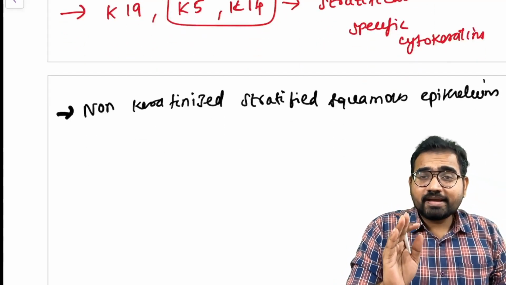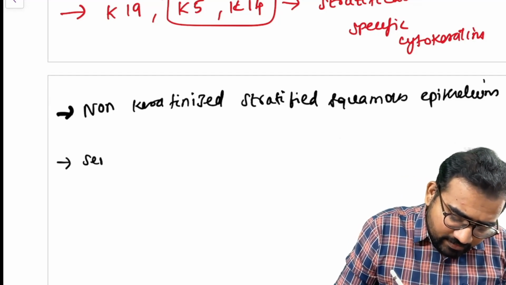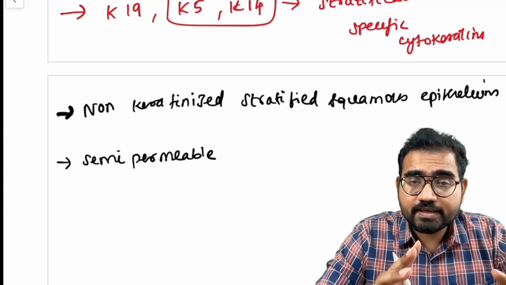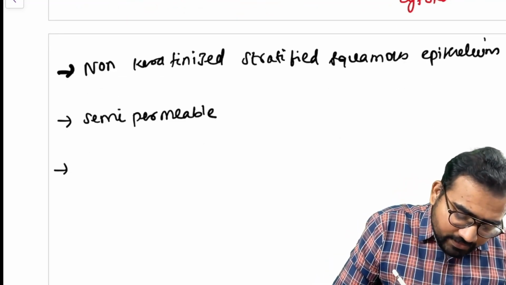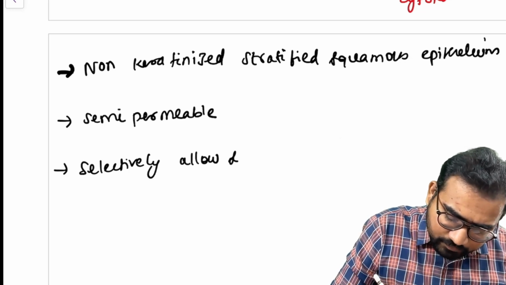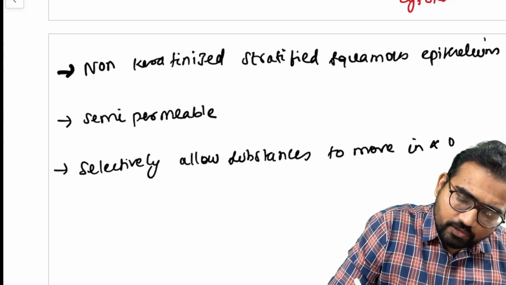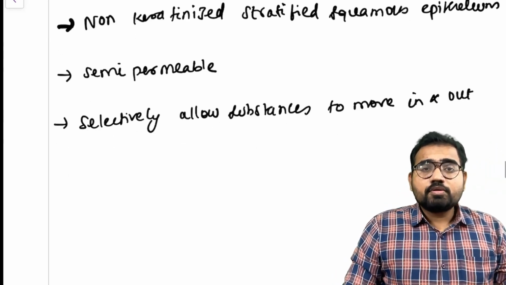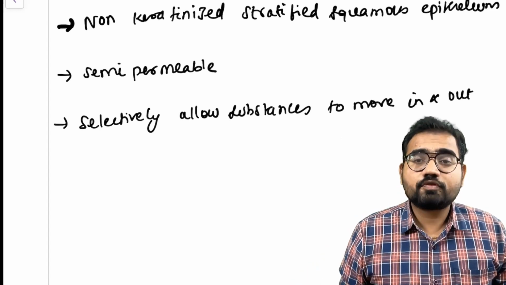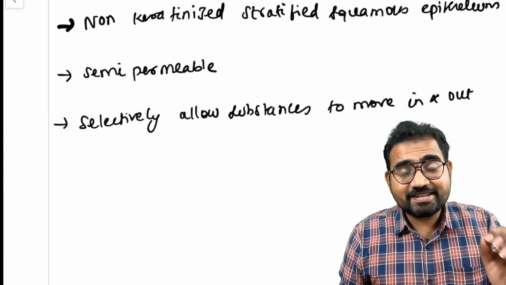Any cell which is non-keratinized becomes semi-permeable, which means it will selectively allow substances to move in and out. So in that way, junctional epithelium has advantages and disadvantages.